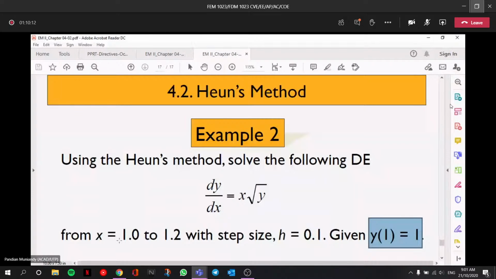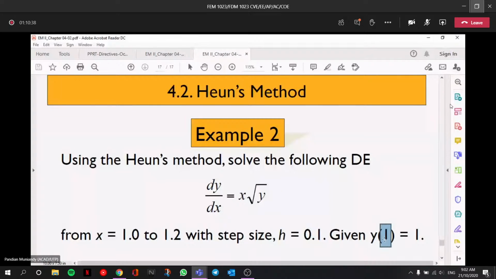The next x is 1 plus 0.1, which is 1.1. We call that x1. You start with x0, which is 1, same as this x here.